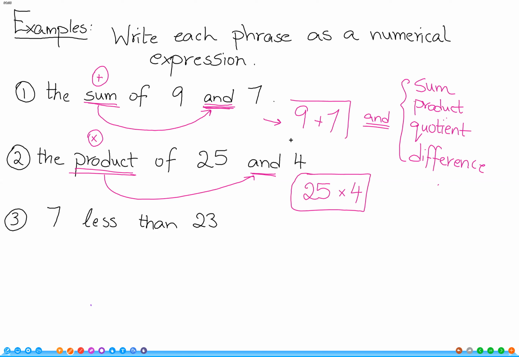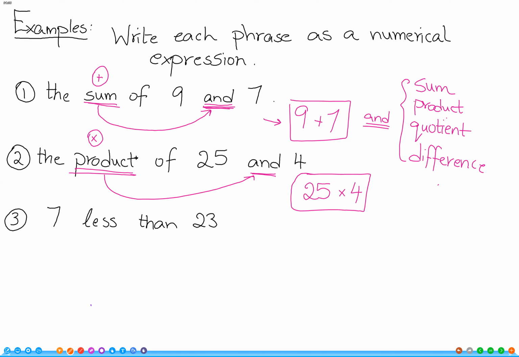Now, a very important note is that when writing expressions, I'm not actually asking you to solve the expression. So don't solve for the expression, for example, 9 plus 7, you would tell me 16, or 25 multiplied by 4, it's equal to 100. No, I only want you to write the expression, as in change the phrases into numbers and operations.